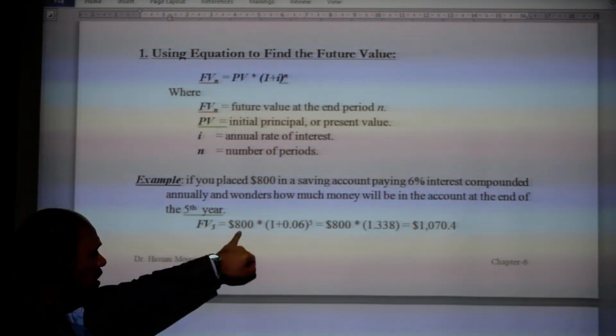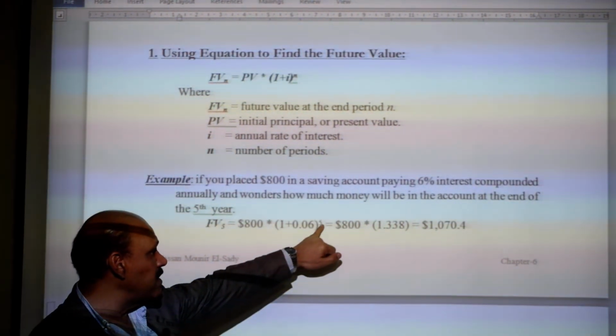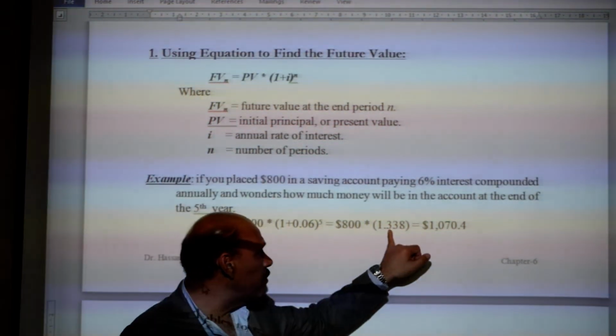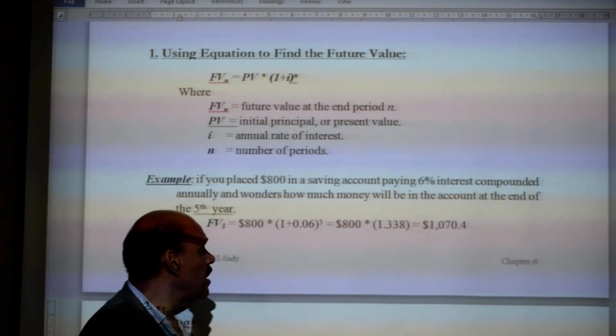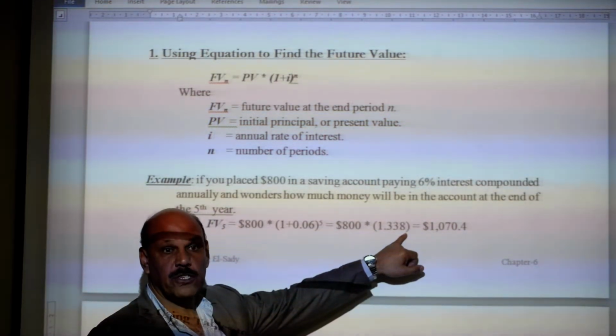It is going to be 800, this is the present value, multiplied by 1 plus 6%, this is the interest rate, to the power 5, this is the number of periods. This is 800 multiplied by 1.338, which is going to give you $1,070.40.